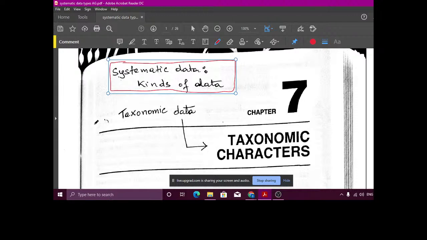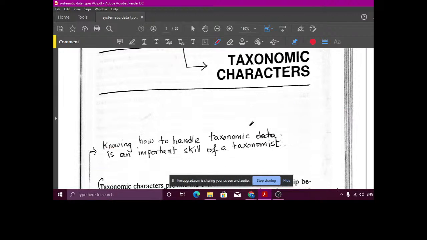This is Mayr and Ashlock 1993. I've underlined and highlighted regions which are important for you to study. Taxonomic characters are also taxonomic data, or synonymously known as systematic data.